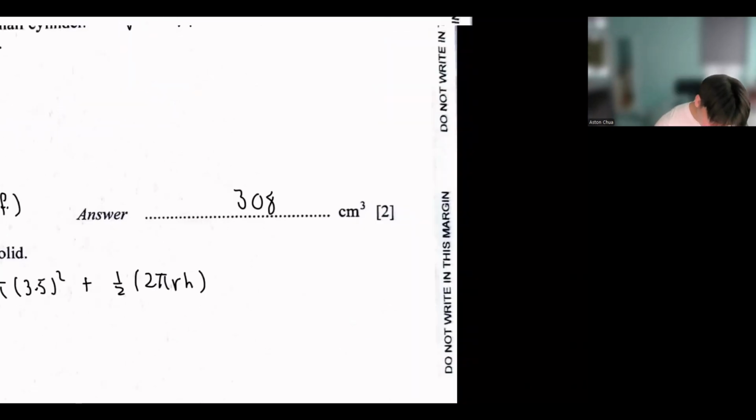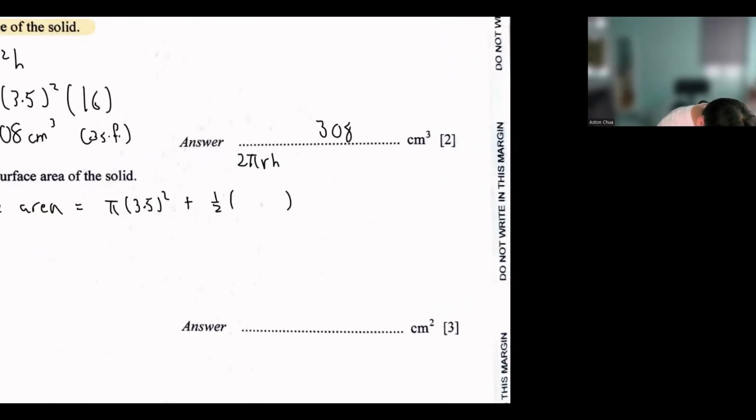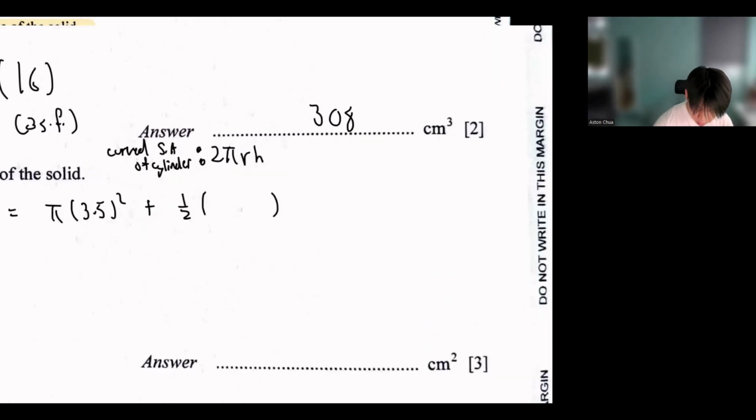Let me just write this over. So curved surface area of cylinder is this equation over here. So we just plug in the values as such.